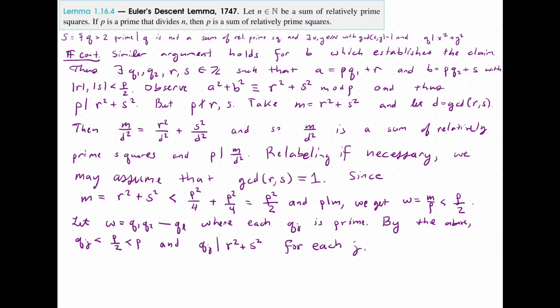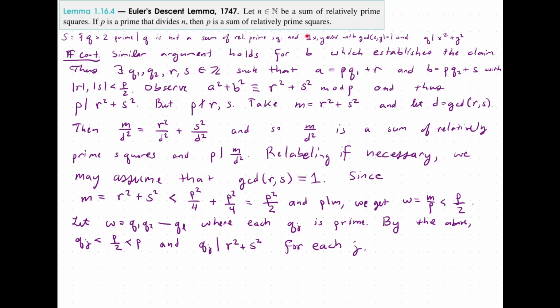Now Qj is less than P, and it divides R squared plus S squared, but R squared plus S squared is a sum of relatively prime squares. So how does this tie in with our assumption at the start? We constructed this set S, and S is the collection of those odd primes such that Q is not a sum of relatively prime squares.